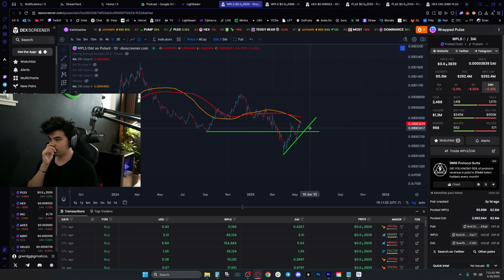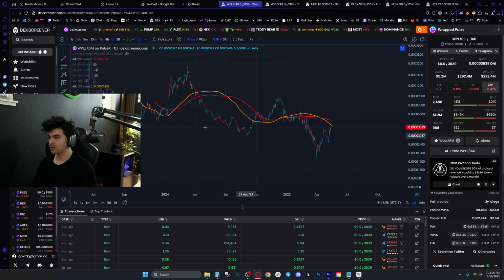Now, for the part that everyone loves, the more bullish case, which is we get rejected by orange. The dip is more like September of 2024, where we just dipped 10%. That dip is done. After that, we go back up to red, which would be over here, about 20% up from here.